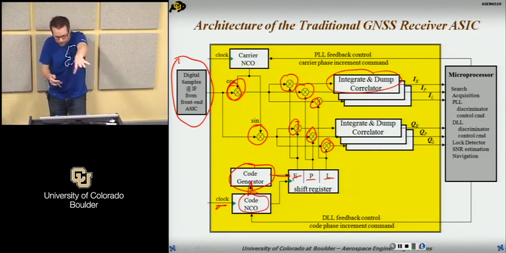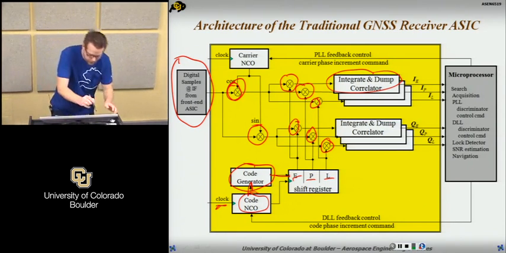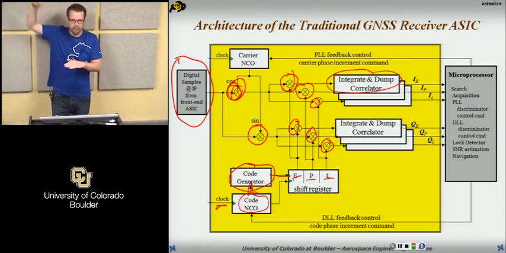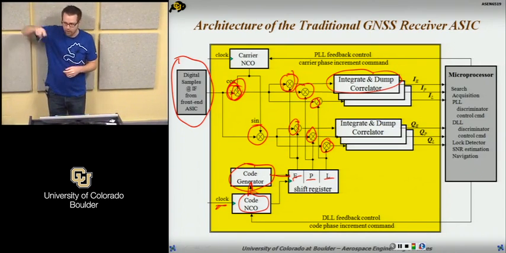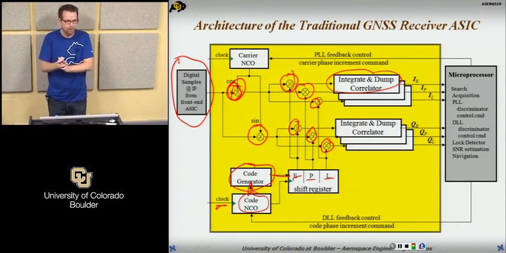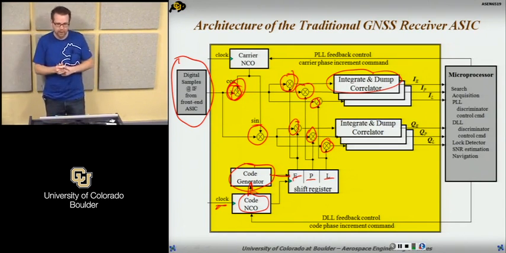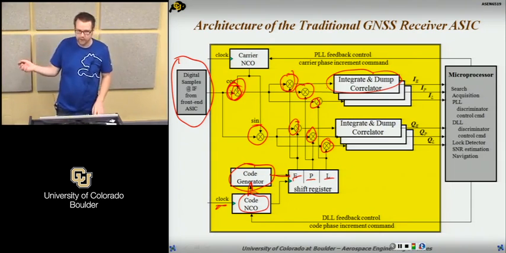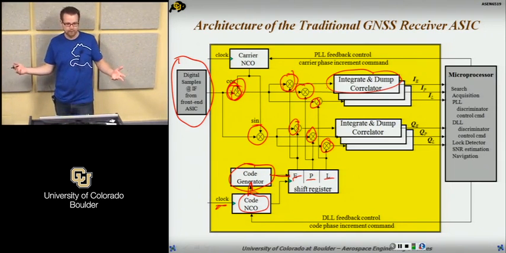You have the signal coming in, multiplied with a sinusoid, multiplied with the code, and then we just add up whatever number we have. Over time it's going to look noisy, and then hopefully it's going to grow a little bit at the end. This is what the sum was. If we're in the right spot, then we should get a high value coming out of the integrate and dump correlators. If there's no signal there, it's only going to be noise. Does it make sense?